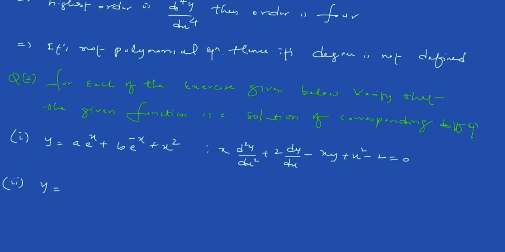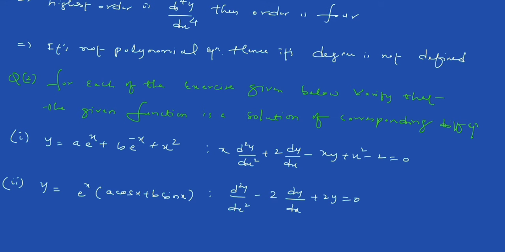Second one, y equals e to the power of x into a cos x plus b sin x, such that d2y upon dx square minus 2 times dy by dx plus 2y equals 0.